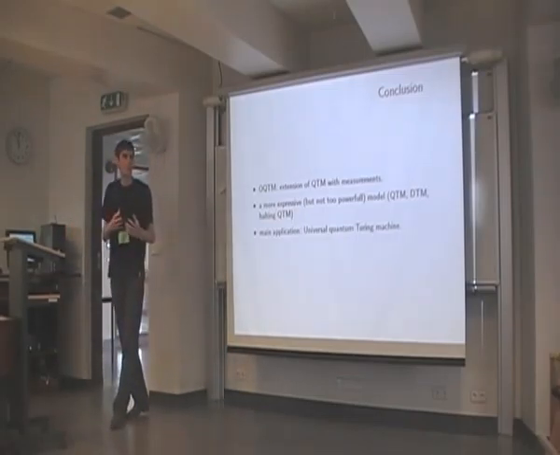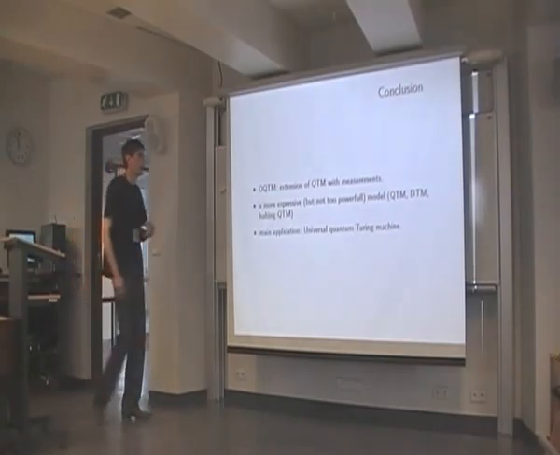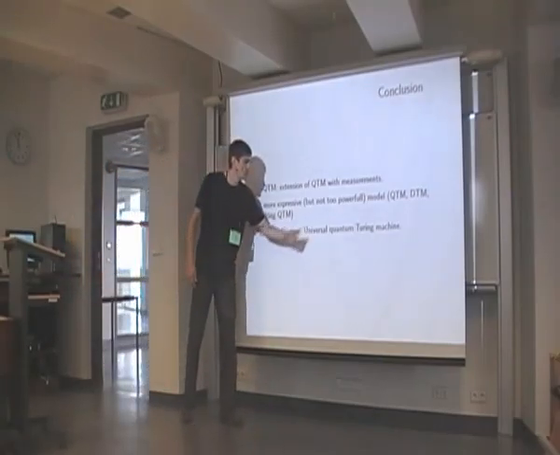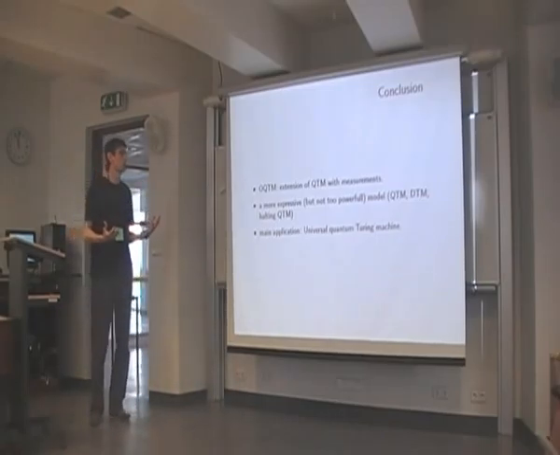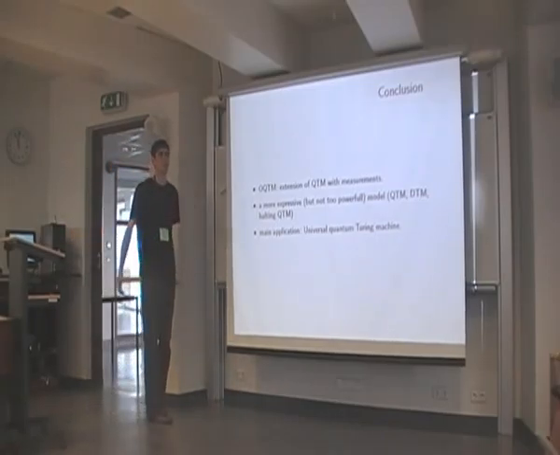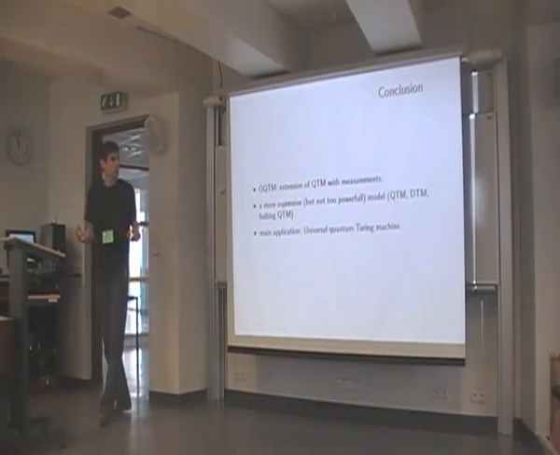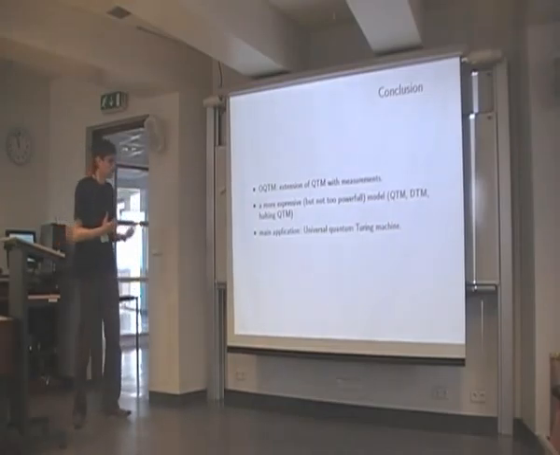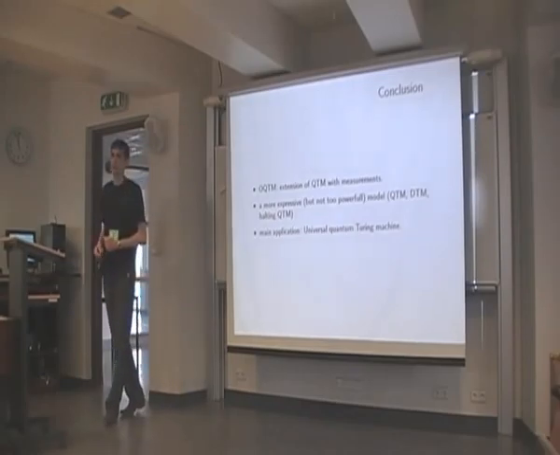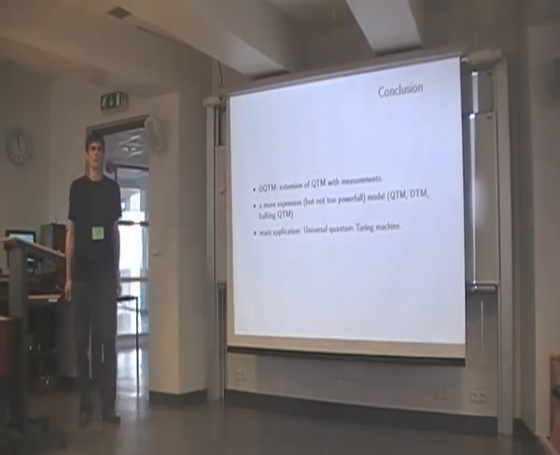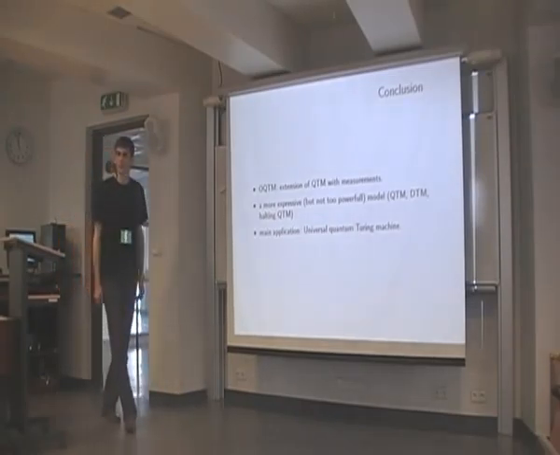It seems to be the main limitation to the existence of a universal quantum Turing machine. So here the idea is that with this observable quantum Turing machine, we have this representation of the classical control. So one of the main applications would be to try to find a universal quantum Turing machine in this class of Turing machines. Okay, thank you for your attention.